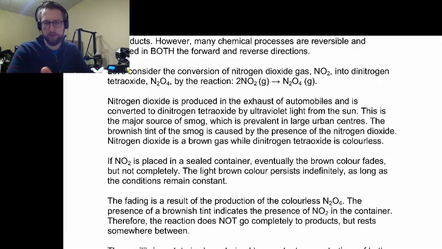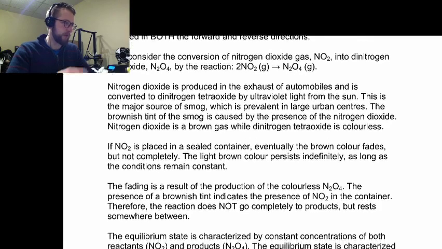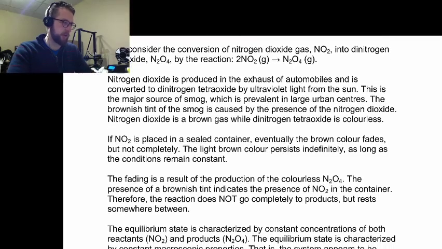But something like Toronto or New York will have this brown haze, and that is somewhat caused by nitrogen dioxide. The brownish color tint is from the presence of nitrogen dioxide. It's brown, while dinitrogen tetraoxide is colorless.